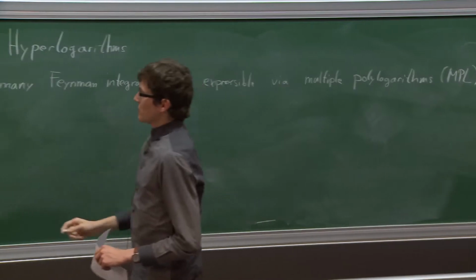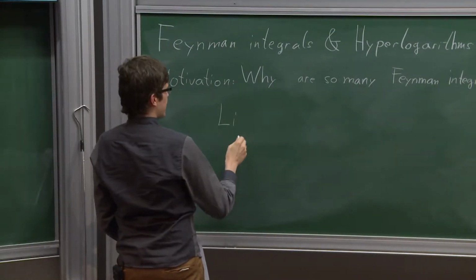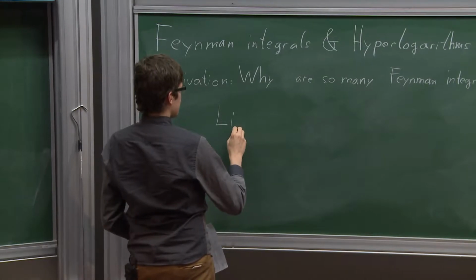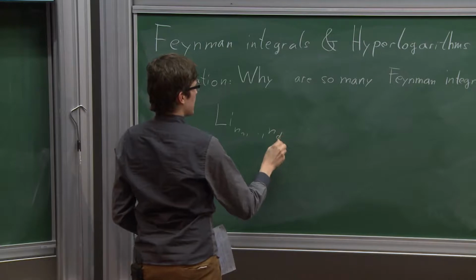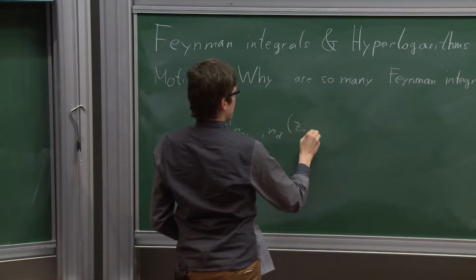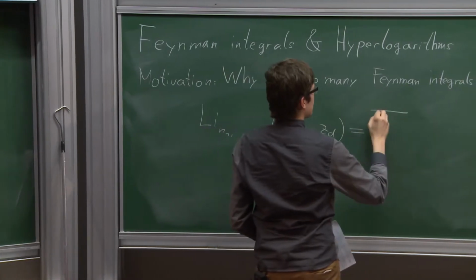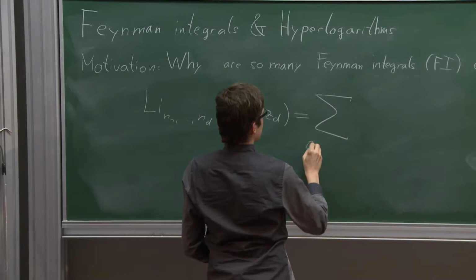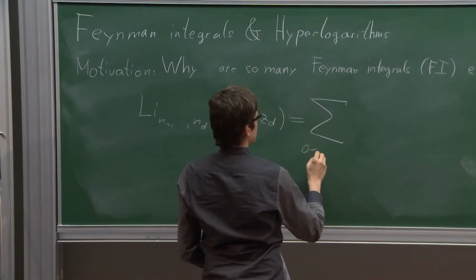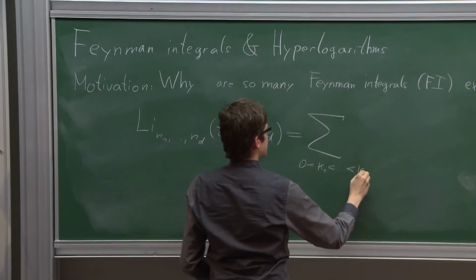And Francis already showed you these functions in the morning. I just recall briefly. These are functions which you can define like the multiple series I just write down now. They're indexed by a bunch of integers n1 to nd, and they depend on several complex variables. One way to define them is via this summation over nested integers k1 up to kd.